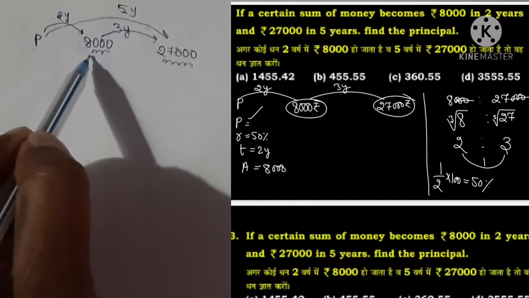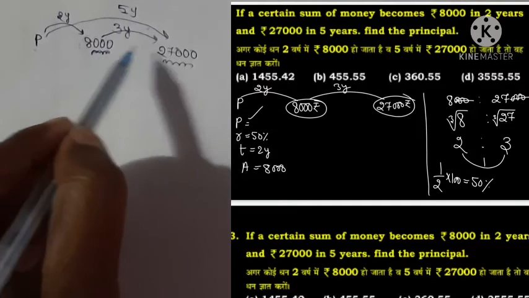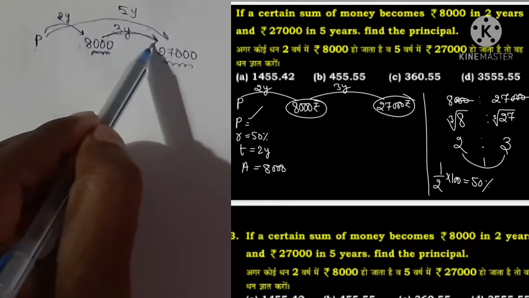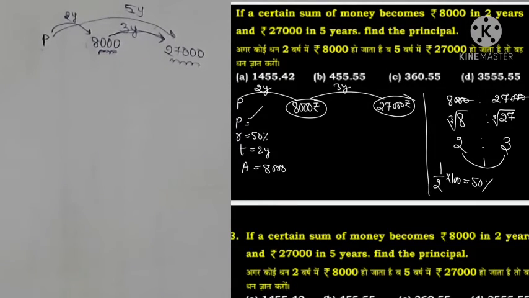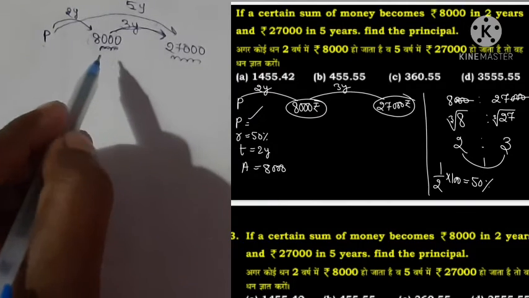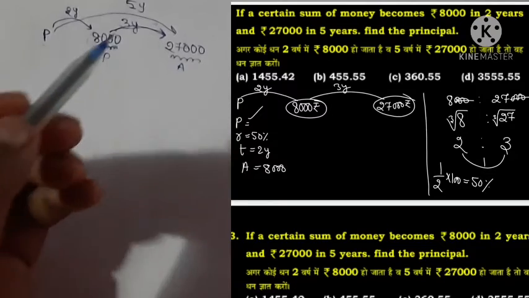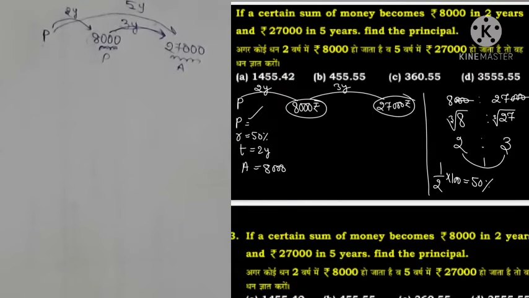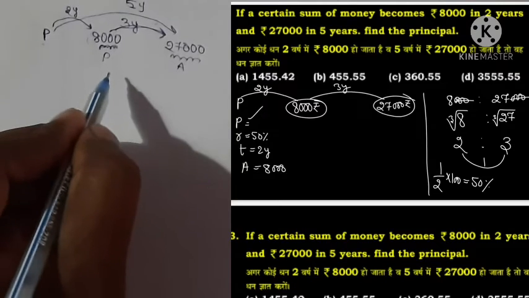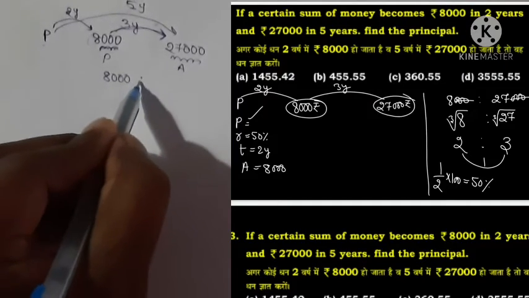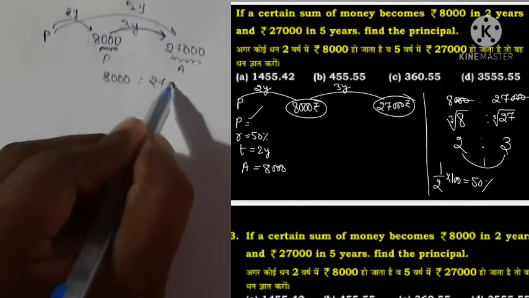That means 8,000 amounts to 27,000 in 3 years. So for 3 years, the principal and amount are 8,000 and 27,000.